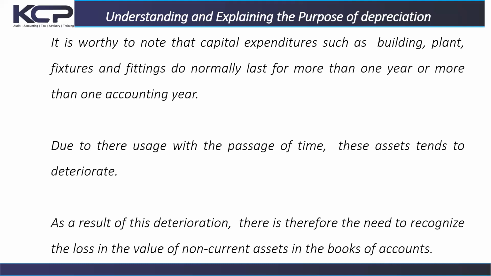That being said, accountants came up with a position that there should be an accounting way of accruing for the portion of the asset that has been used up in each year of the asset's useful life.